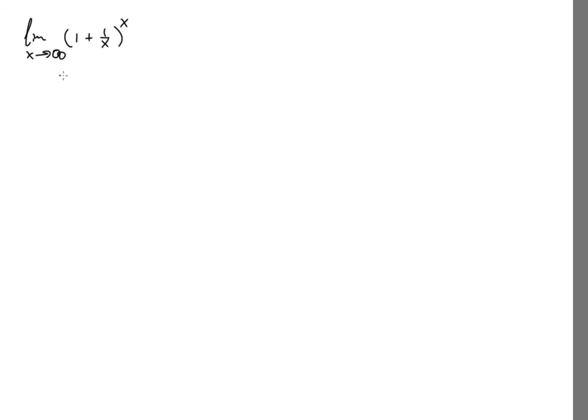If I look at 1 plus 1 over x, that's going to go towards 1 as x goes to infinity. Also note that x is just going to go to infinity. So taken together, this is a 1 to the infinity situation.